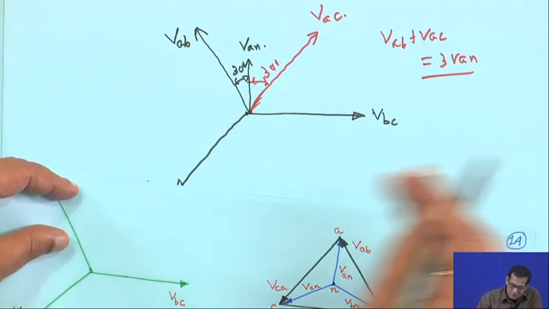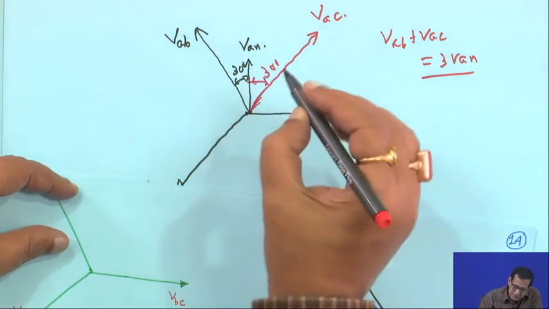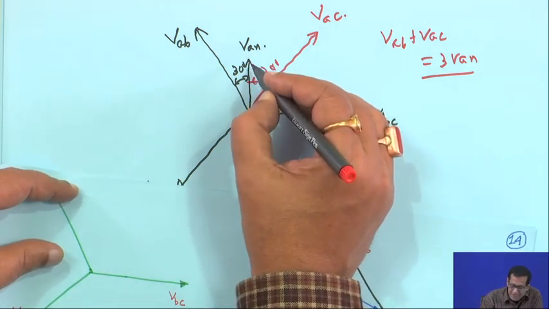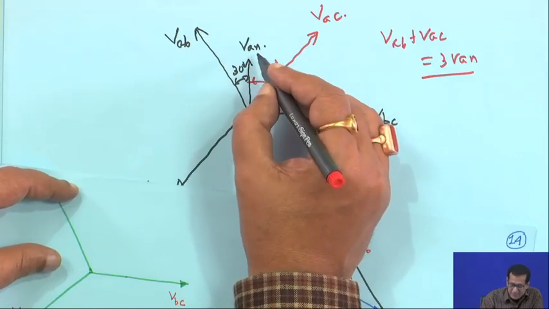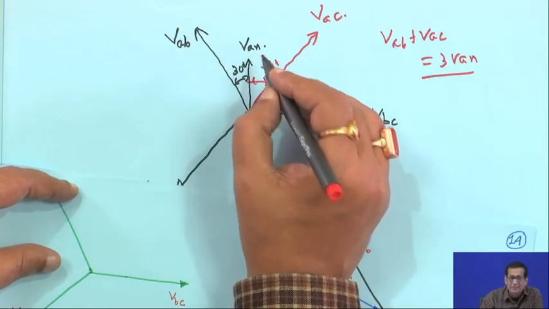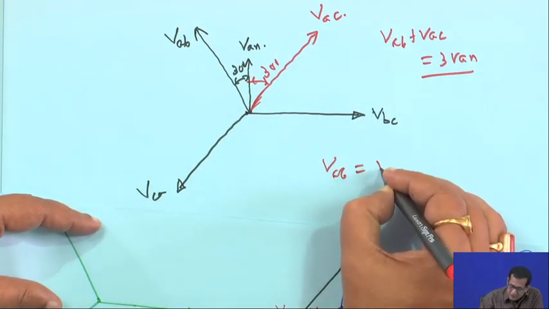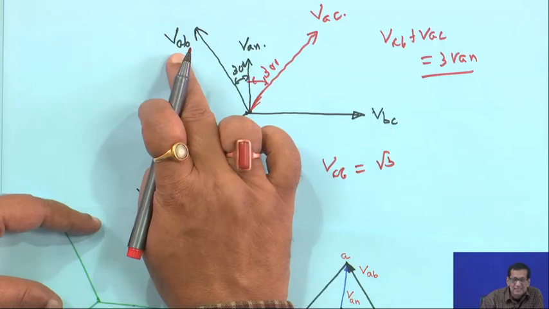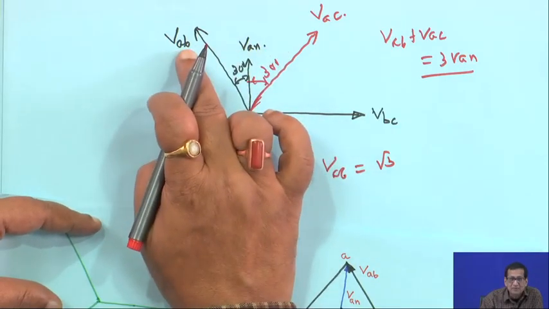So, the question is that here also the same thing, if you take VAN as a reference, then suppose VAN is equal to VAN angle 0, right, then VAB will be root 3 VAN, because VAN is a phase voltage, that is phase to neutral, and VAB is a line to line voltage.